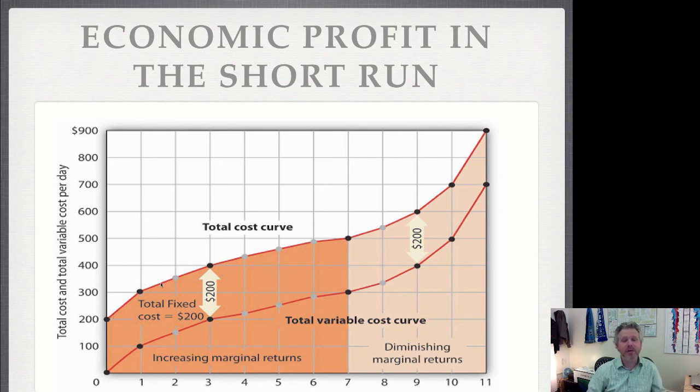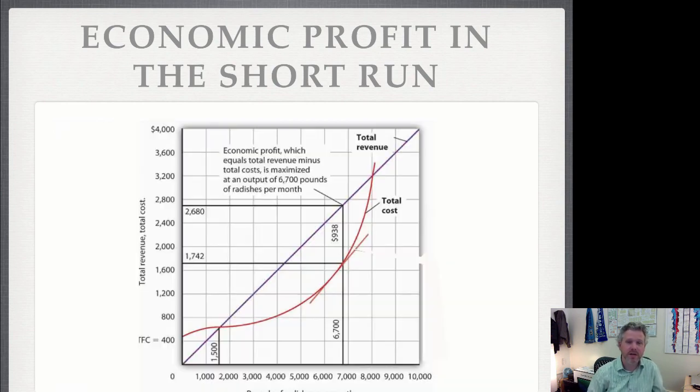And then as they produce more and more, the total cost curve goes up based upon the variable cost of producing each item. The total cost curve is just the fixed cost plus this variable cost, which here is increasing at first at a decreasing rate, and then it increases at an increasing rate. That's where we got increasing marginal returns and diminishing marginal returns, all right? Just to recall what those cost curves look like.